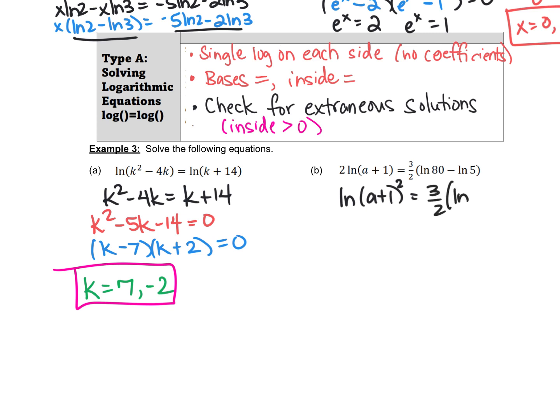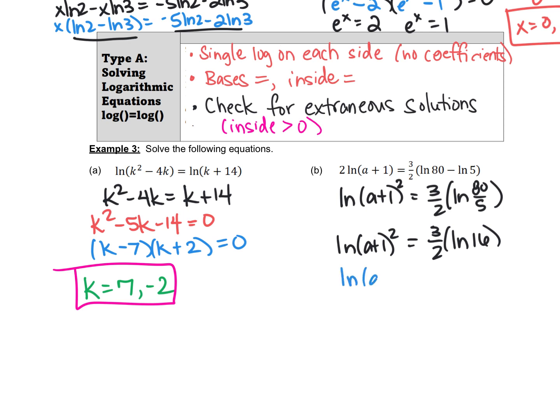So what's it asking me to do with the 80 and the 5? It's subtraction, so when I combine it, what would I do? Divide. So this would be 80 divided by 5. Well, how much is that? 16. All right. So again, I got to get rid of that coefficient in order to set my sides equal.